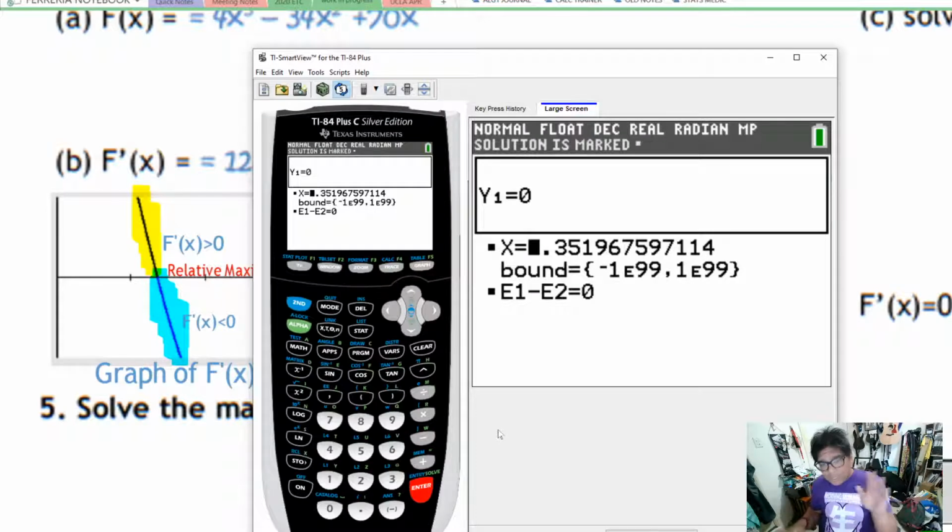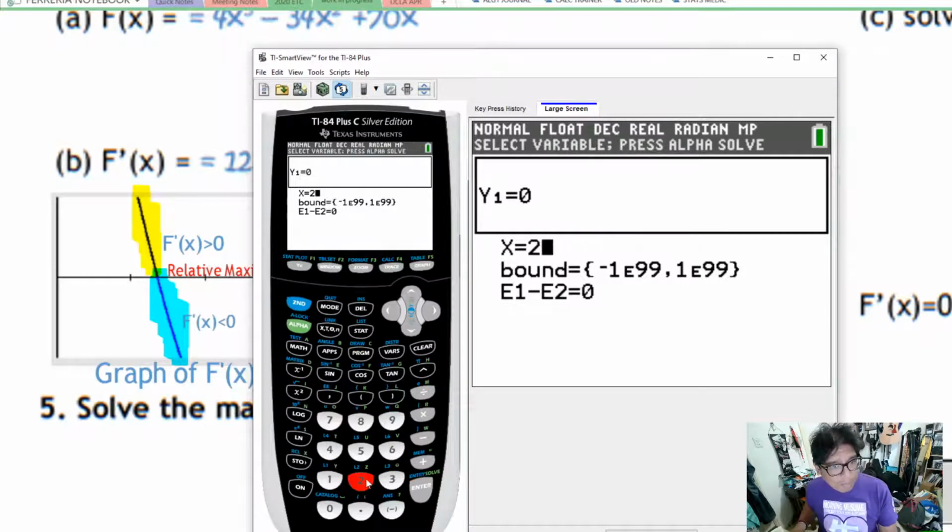Now, this has a couple of fatal flaws. Number one among those fatal flaws is if there is more than one solution, then you're only going to get the solution that's closest to your guess. So what I tend to do is try a bunch of different places along the domain. Let's try 2, and let's alpha solve that.